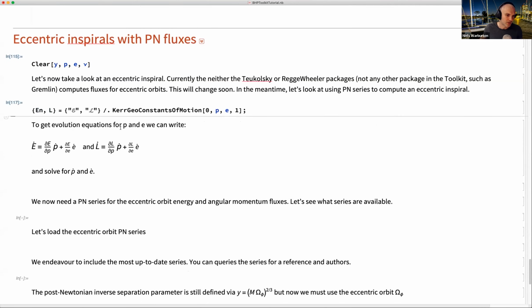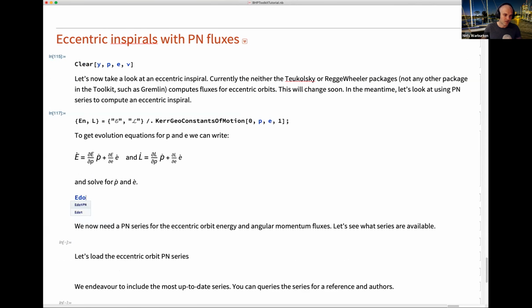And to get evolution equations for p and e, we can use these equations here, just using the chain rule. So we can just write those out. E dot is equal to the derivative of the energy with respect to p, times p dot, plus the derivative of the energy with respect to eccentricity, times e dot.